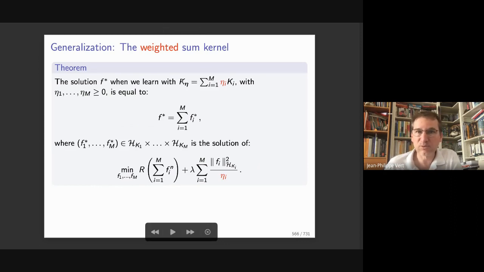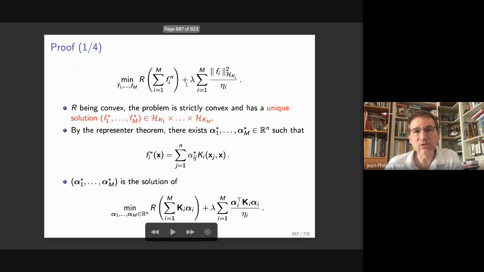If you train with just k eta, you can use the same formula, but there is a minimization over one function f in the RKHS of that kernel, of its risk plus lambda times its squared norm. You can make the same derivation with a single kernel, so m equals 1 and eta equal to 1, and this would give you a standard SVM or kernel ridge regression.